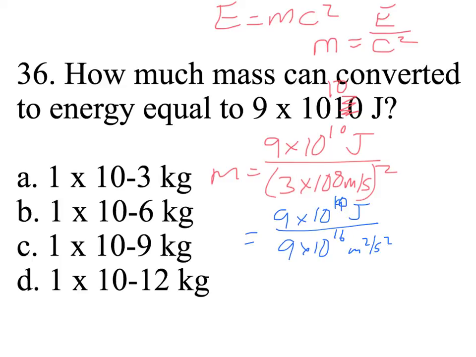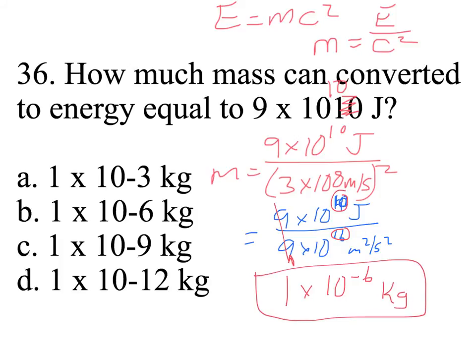Those are the units, which will go away in just a second. 9 over 9, that's 1, times 10 to the, 10 minus 16 is negative 6. And the units for this are kilograms. So 1 times 10 to the negative 6 kilograms, the answer is B. And for your test, you should be able to solve for M or for E.